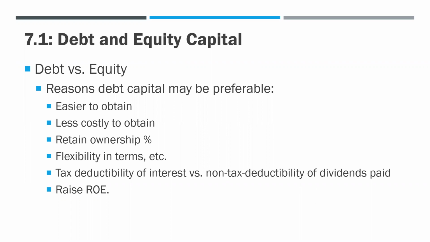Number one, it's easier to obtain. It's easier to get a loan for $100,000 than it is to make $100,000. And most people that make that kind of money don't have it saved. So it's much easier to obtain a loan than it is to actually come up with that much money elsewhere.